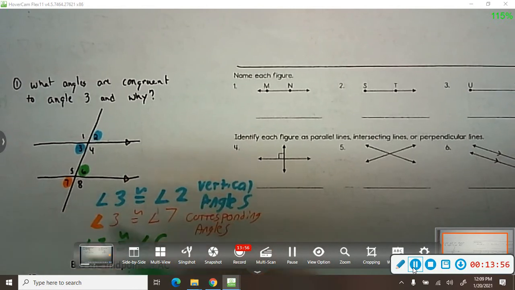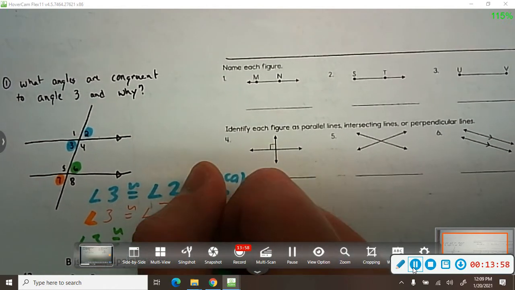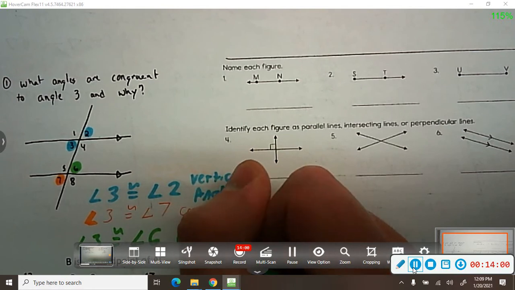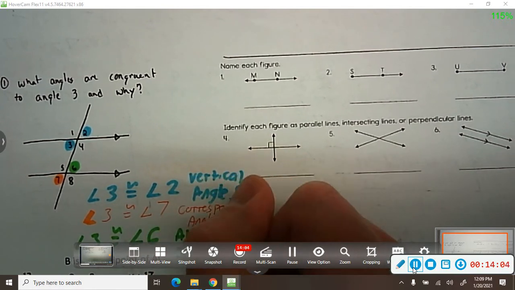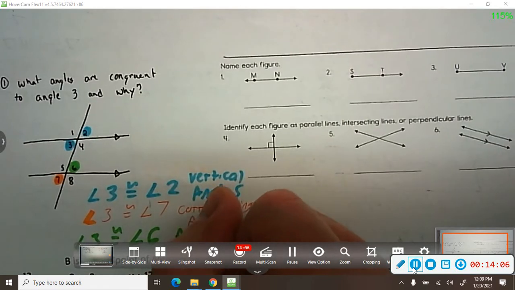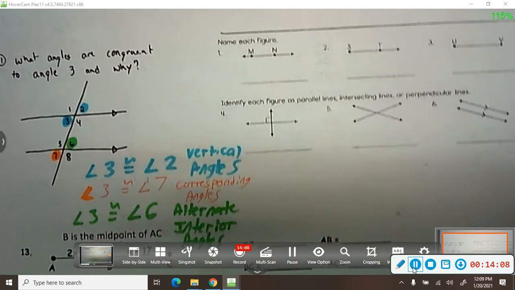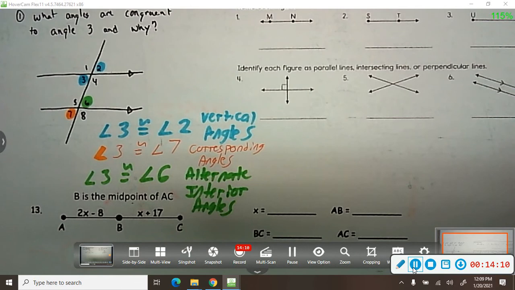How are 3 and 6 related? Those are alternate interior. So when you have two parallel lines cut by a transversal, you're going to have congruent angles. There's going to be 4 of them congruent. Right? So make sure you have that vocab still in your head for the test.